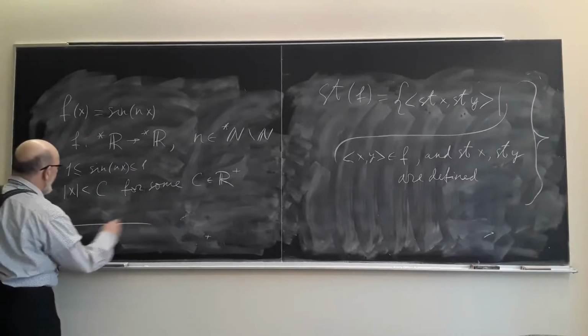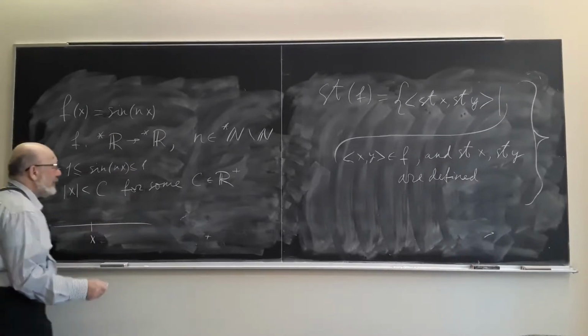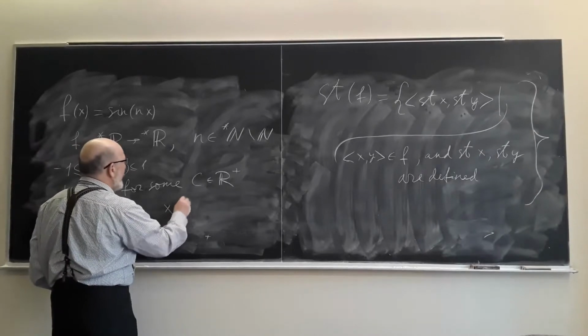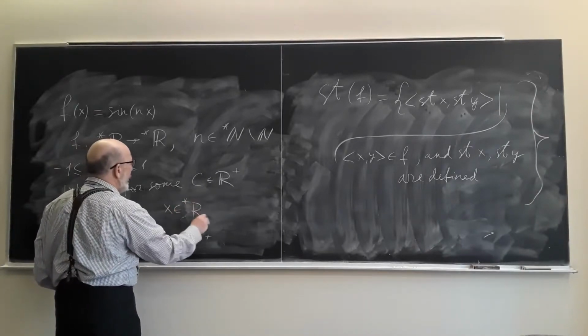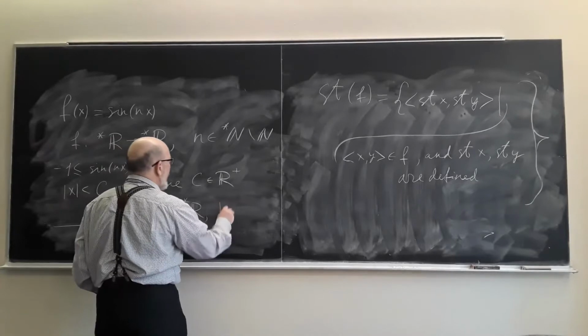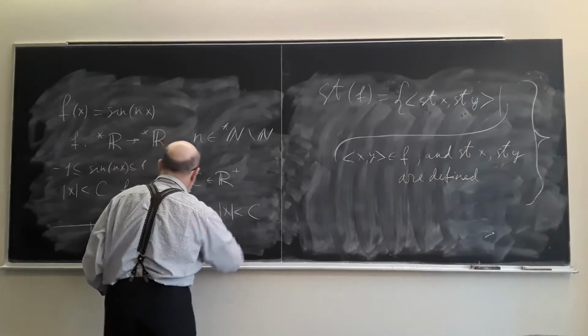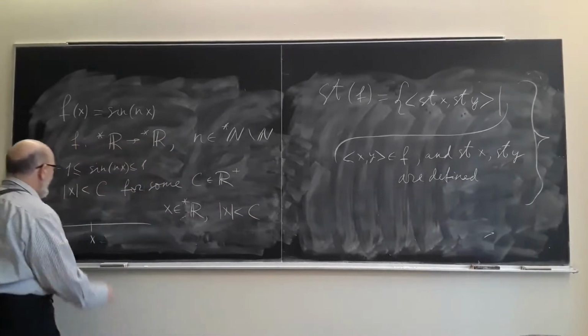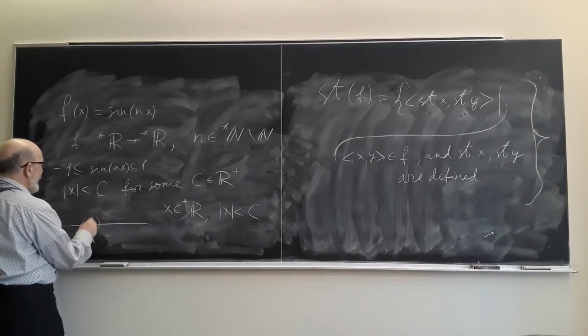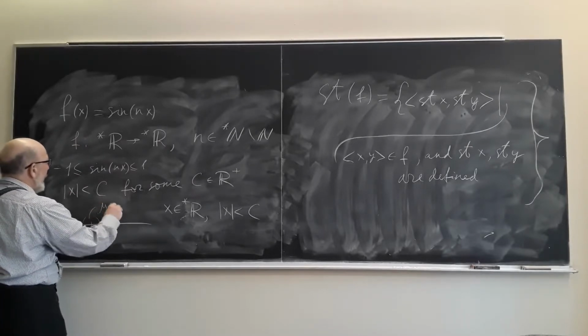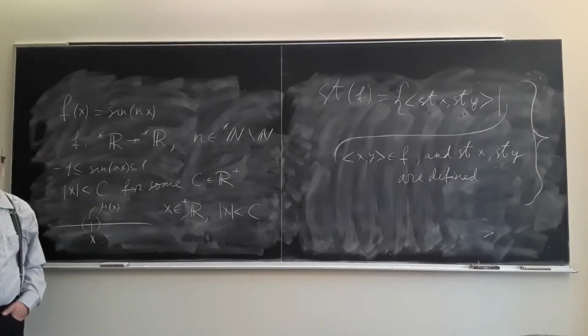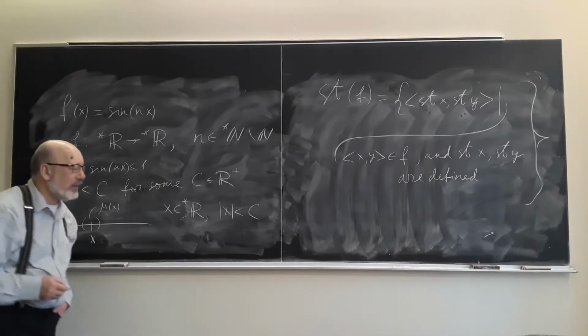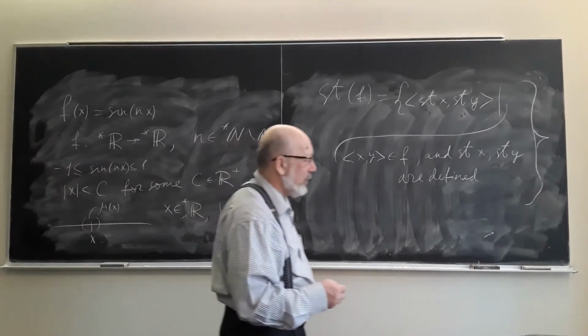So if you have x in star R with modulus of x less than C, so it is bounded, then we can consider its infinitesimally small neighborhood, which is called the monad.